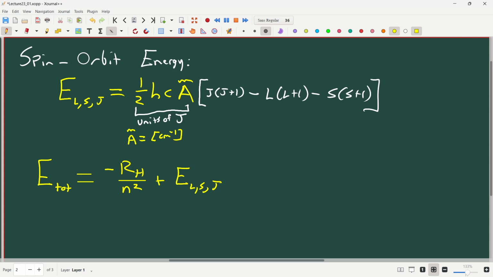You determine whether you're 1s, 2s, 1, 2, 3, 4, 5. And then there's an additional splitting depending on your spin orbit, your angular momentum. So it's a small correction.